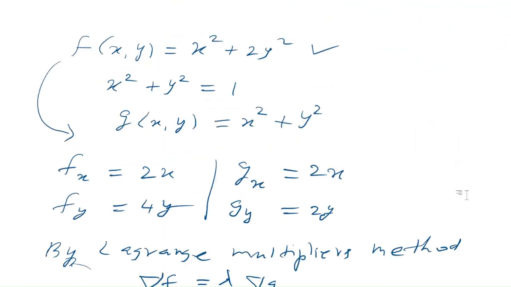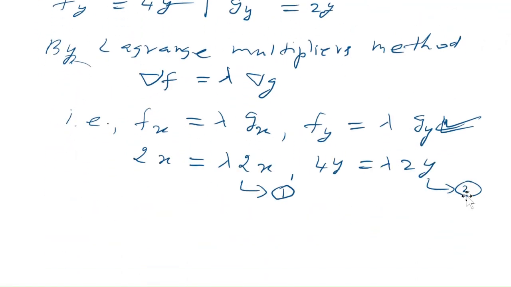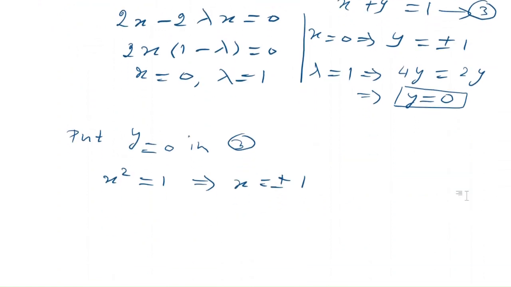We collect all these points. இப்போ நம்ம கண்டுபிடிச்சிருக்கிற x, y எல்லாத்தையும் கலெக்ட் பண்ணி எழுதுறோம். அதுதான் வந்து பாயிண்ட்ஸு. அந்த பாயிண்ட்ஸில் தான் மேக்ஸிமம் ஆர் மினிமம் இருக்க முடியும். So these are the points where there may be maximum or minimum value.